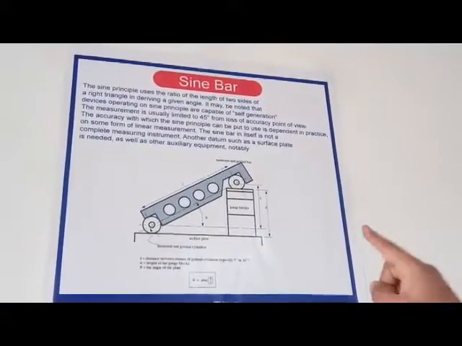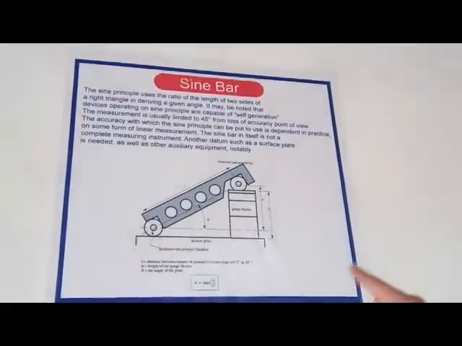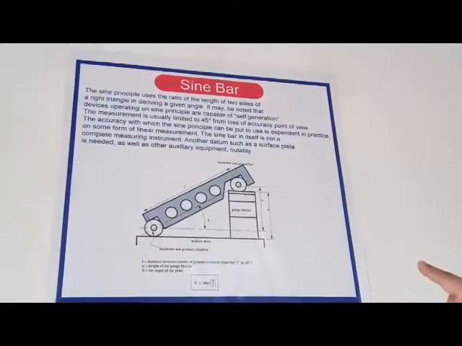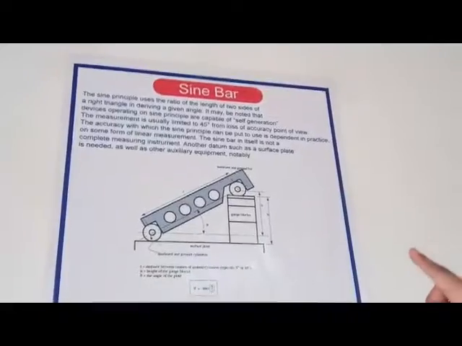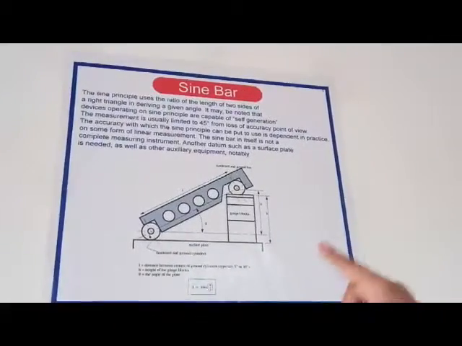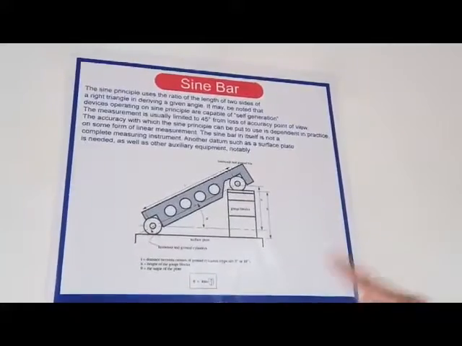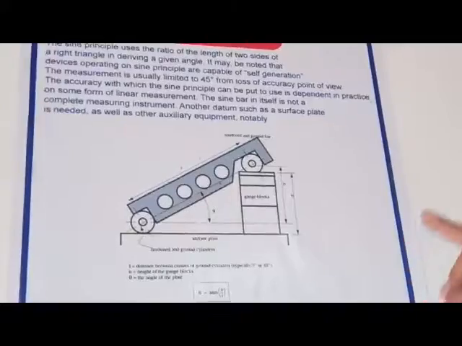Over here in the diagram, you can see a sine bar at an angle. The gauge blocks, that is the slip gauges, are connected to one another, and the sine bar is a hardened ground bar. Over there, a length L, that is the distance between the centers of the two rollers, is calculated. In our experiment it is 20 centimeter standard.